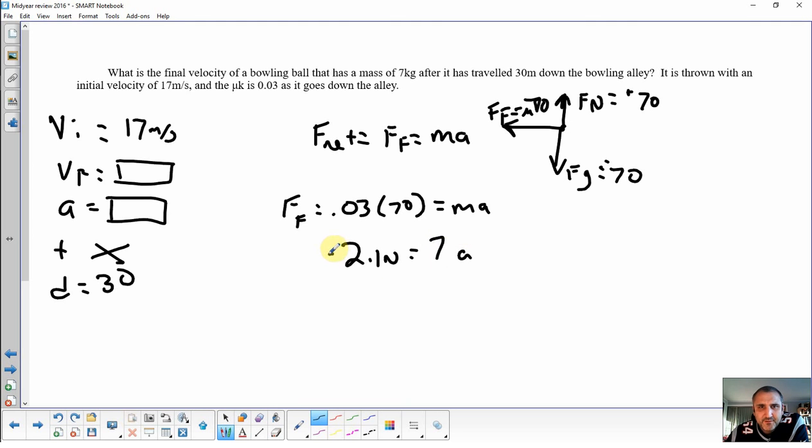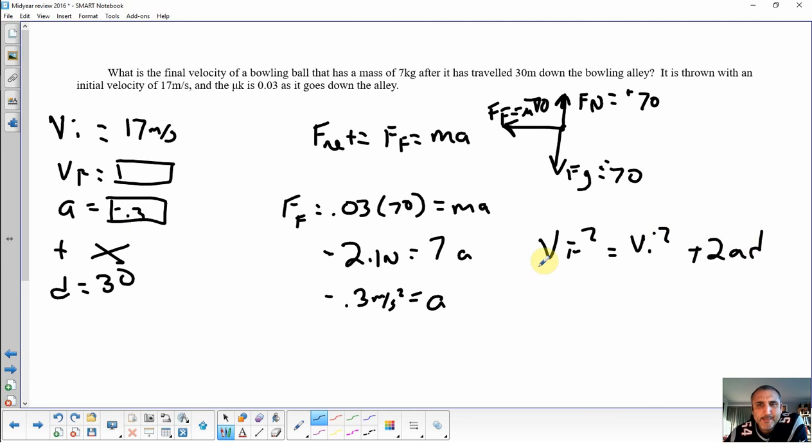We also know that this is a slowing down force, so it's going to be negative, because the bowling ball is moving to the right and the acceleration is to the left. So the acceleration on the bowling ball is going to be negative 0.3 meters per second squared, because negative 2.1 divided by 7 is negative 0.3. And again, VF squared equals VI squared plus 2AD.